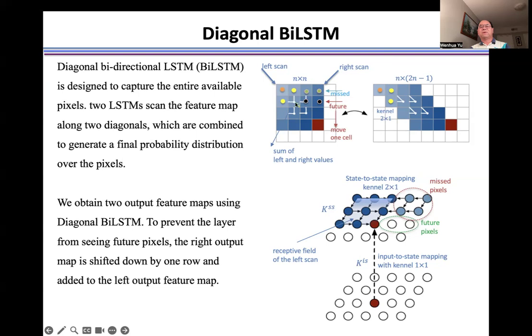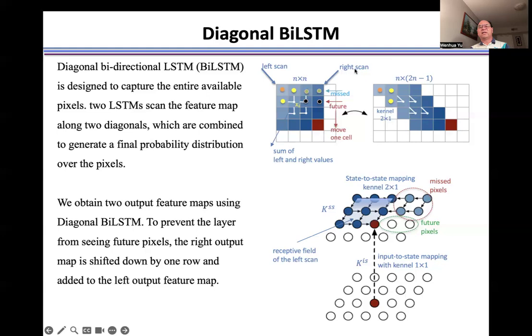For example, the pixel xi depends on this row and this pixel. So we use the left scan along this diagonal to calculate the contribution from these 3 pixels. And we use the right scan to calculate the contribution from these 2 pixels.